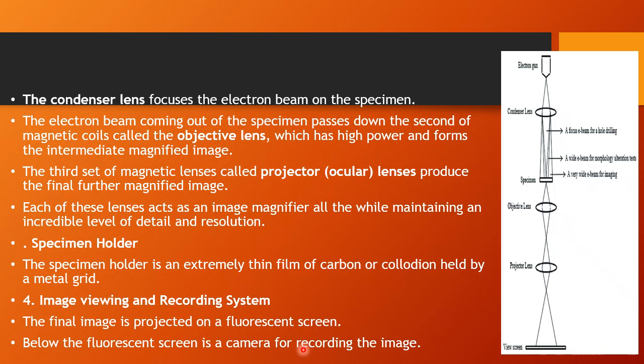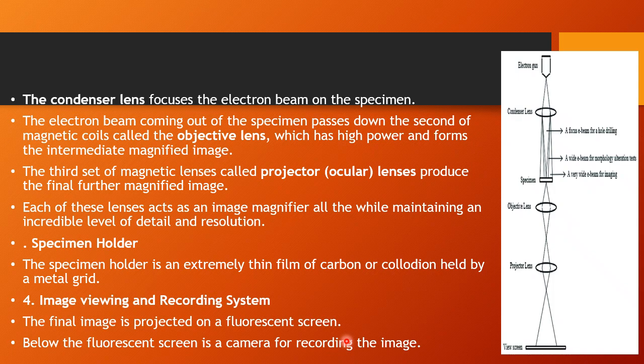Next, the image viewing and recording system. The final image which is produced will be viewed on the fluorescent screen. Why we use a fluorescent screen is because it converts the electron beam into a visible light image, because electrons themselves are not visible to the human eye.